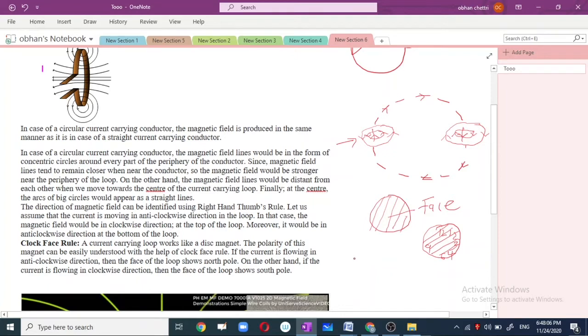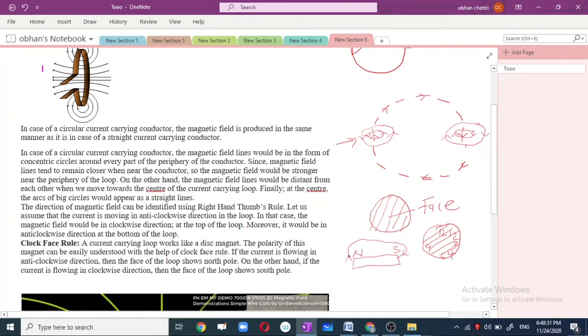If I consider a bar magnet, in a bar magnet we have a north pole and a south pole. From the north pole, the magnetic lines of force always start, and they enter and pass inside the south pole. I'm showing it with the help of arrows.